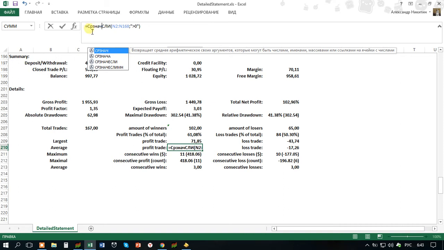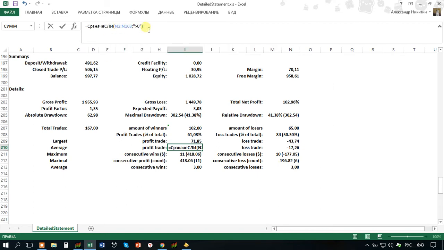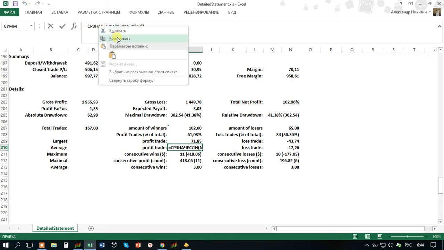Okay, so this means return me the average of those that are more than zero within this range, and the formula will do that. Average if, this is the formula, average if. So now you see, because I have zeros being winners, instead of 23 I have 19 as my average winner. 19. It's not that awesome as it was in the beginning.